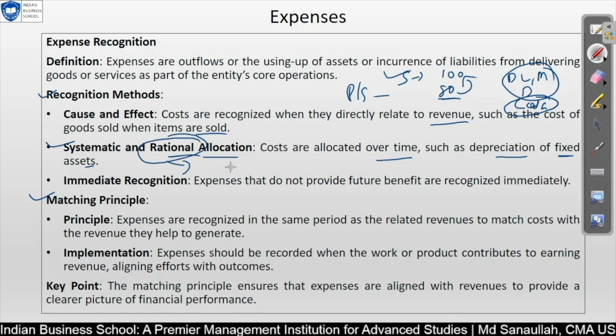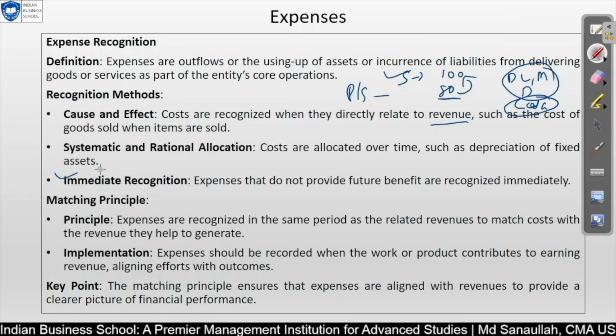Rational is based on our expectation of the lifespan, how much time it will take to consume the entire asset. Maybe we have purchased a car and we expect to use it for 10 years; we cannot use it more than 10 years, then it will not be usable. So we depreciate the cost over this time span. That is the rational allocation, and systematic is just a schedule that we have created either in the system or in an Excel sheet. This is the other method of allocating expenses.